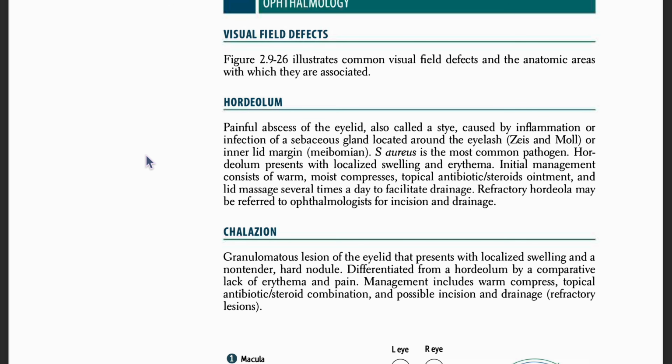Hordeolum presents with localized swelling and erythema. Initial management consists of warm, moist compresses, topical antibiotics, steroid ointments, and lid massage several times a day to facilitate drainage. Refractory hordeola may be referred to ophthalmologists for incision and drainage.